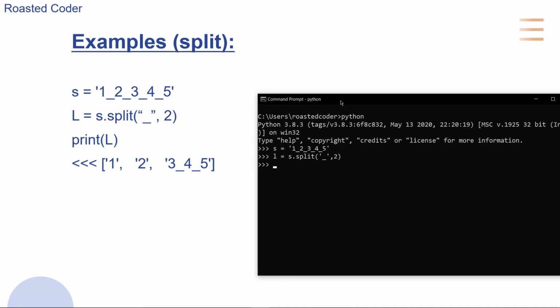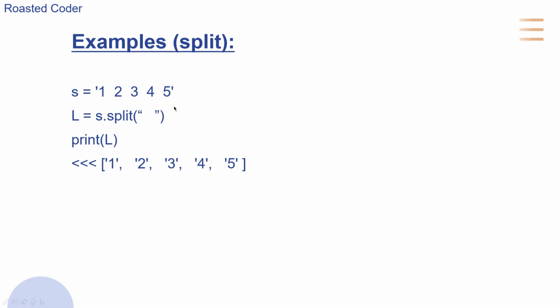Now if we print l, it will return this list. You can see 1, 2 and this substring.